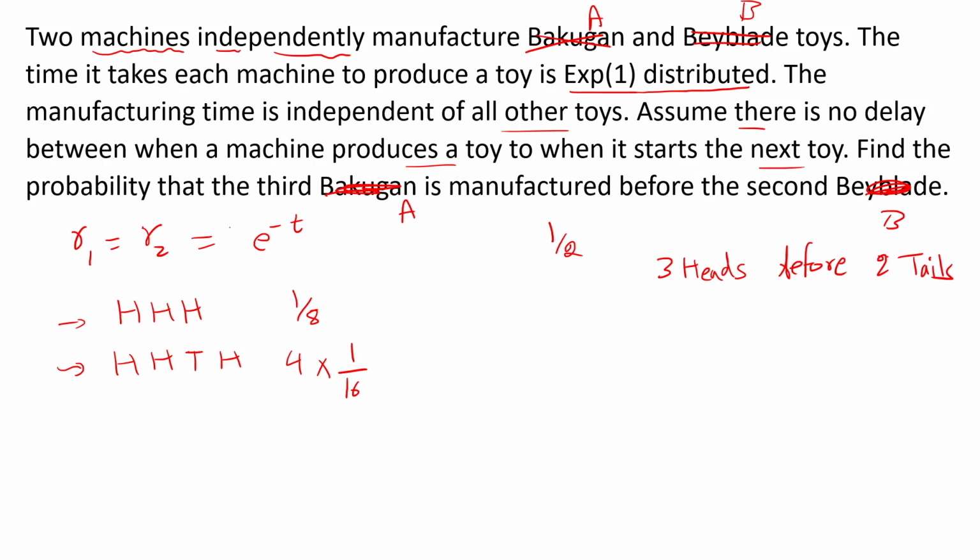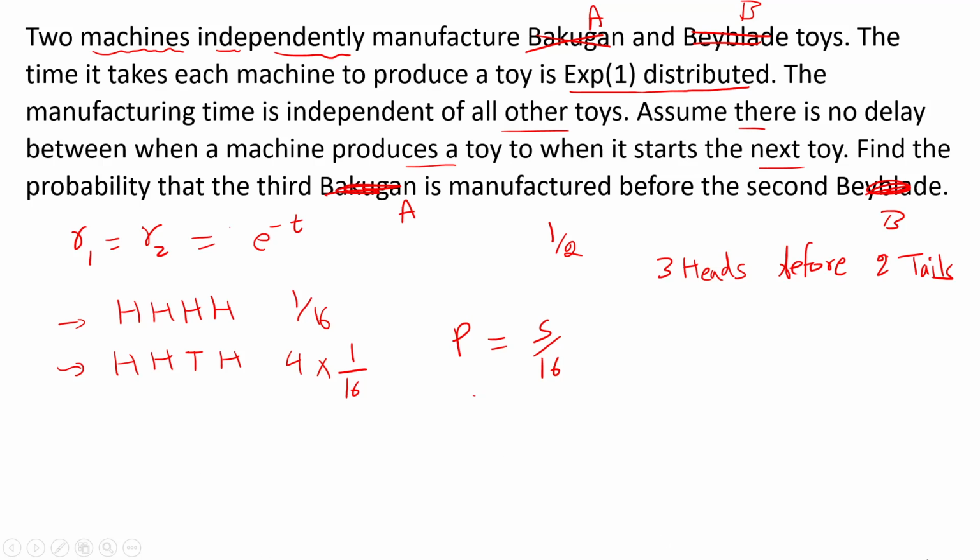We have counted HHHT already, so we do not count it again. So the total probability of 3 heads before 2 tails is 5 by 16, which is the right answer to the question.